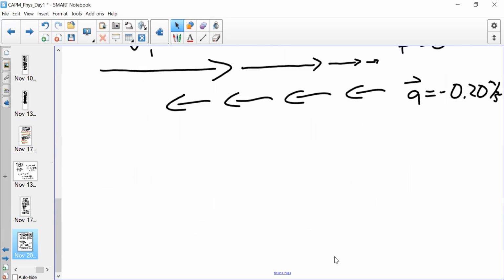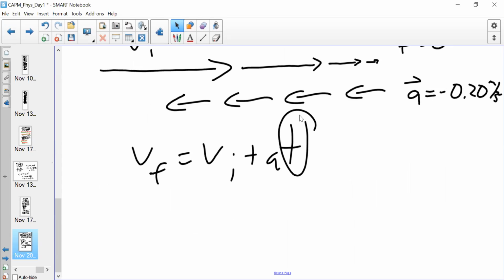The third equation is good. So VF equals VI plus AT. I'm solving for T. Once I got all that physics out of the way, I can put in my algebra, my math, and solve for T. So this goes away because that's 0.